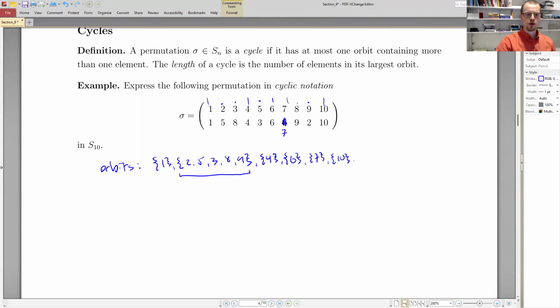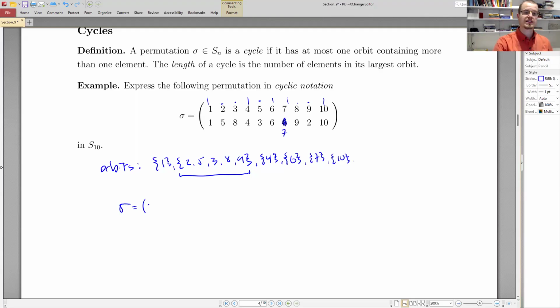So I want to write sigma in a way that I actually care about ordering. Again, I can write this particular set in many different ways. I found it by saying 2 is related to 5, 5 is related to 3, 3 is related to 8, and so on. Right? Sigma takes 2 to 5, sigma takes 5 to 3, sigma takes 3 to 8, sigma takes 8 to 9. And that specifically is what I want to represent.